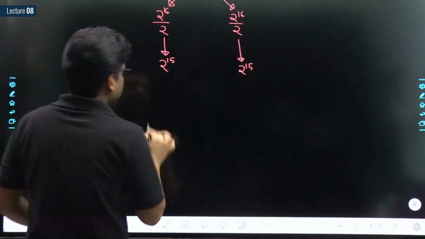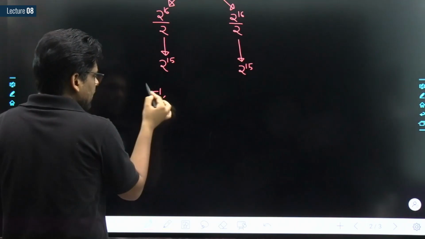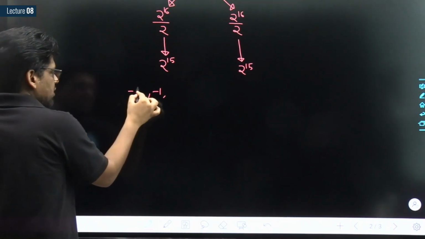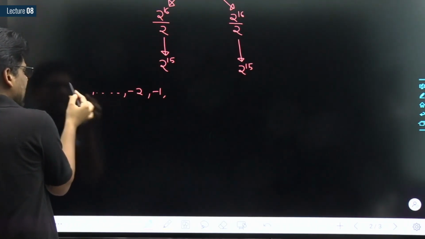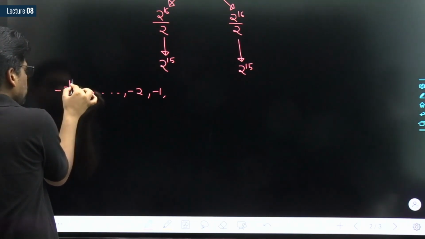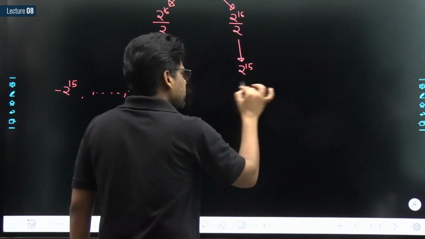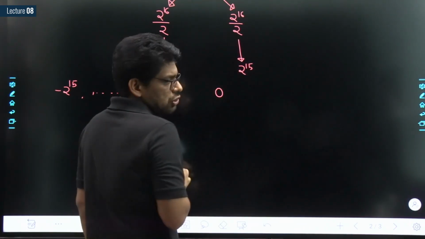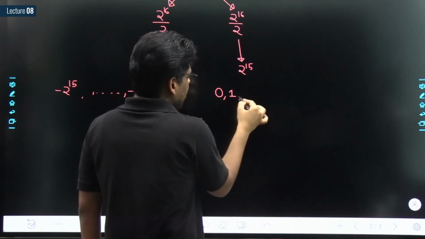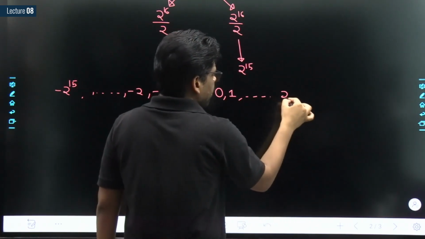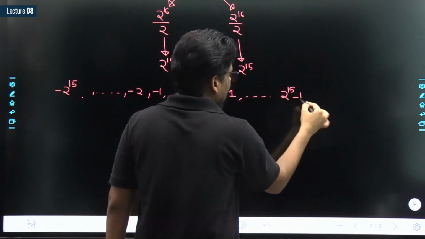But coming to negative numbers, we are starting from -1 in this direction. That is why -1, -2 and the last number would be -2 to the power 15. But in positive numbers, we have to count 0 also. That is why the last positive number is 2 to the power 15 - 1.